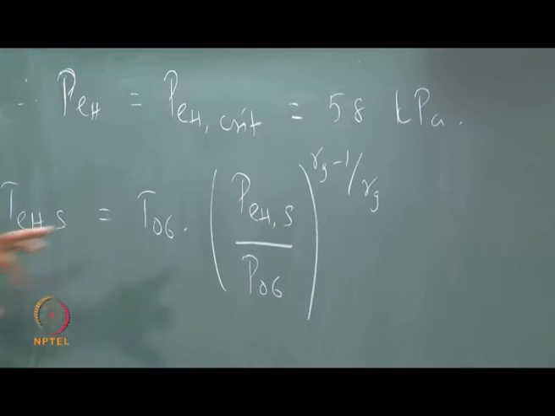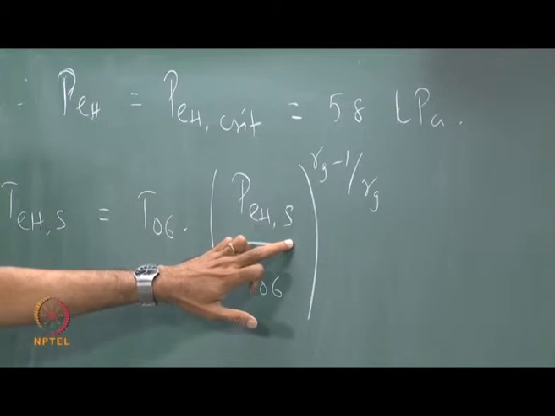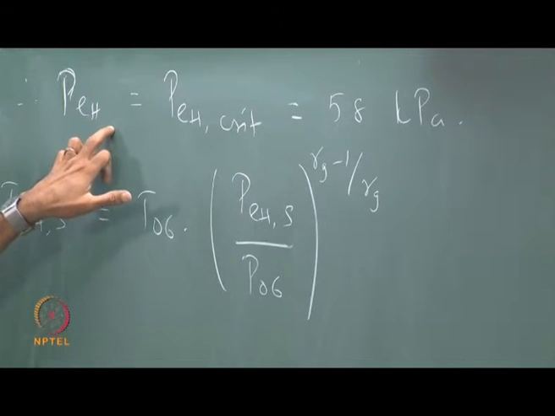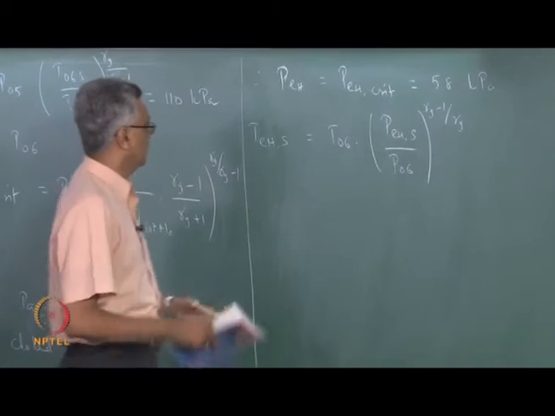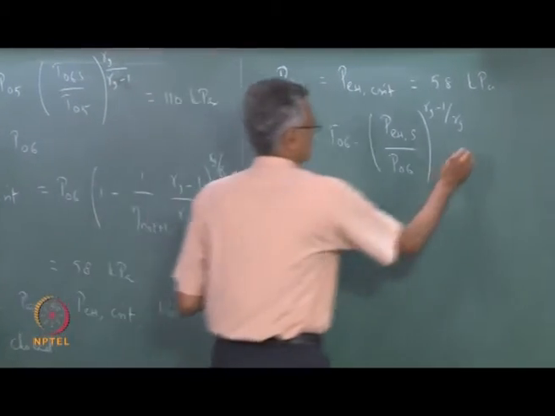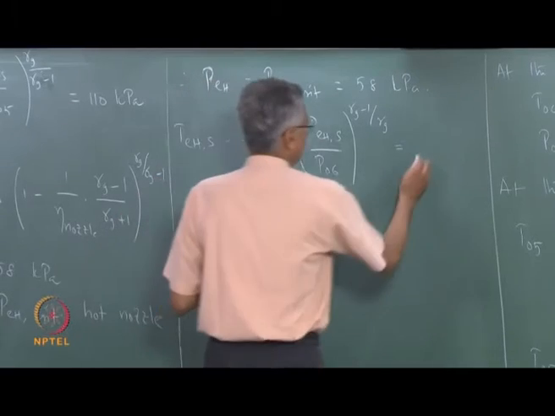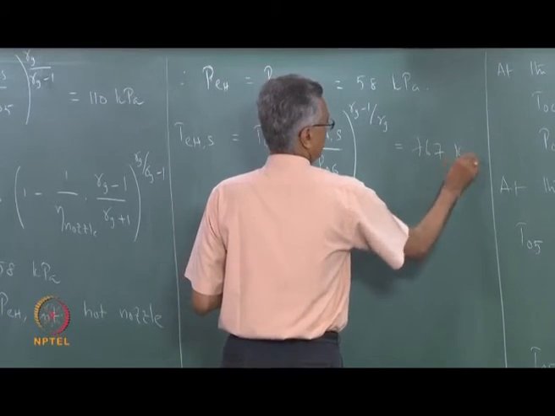I know PEH for the isentropic process because this is equal to PEH. Both these state points lie on the same isobar. I know this, so I can calculate TEHS, which comes out to be 767 Kelvin.